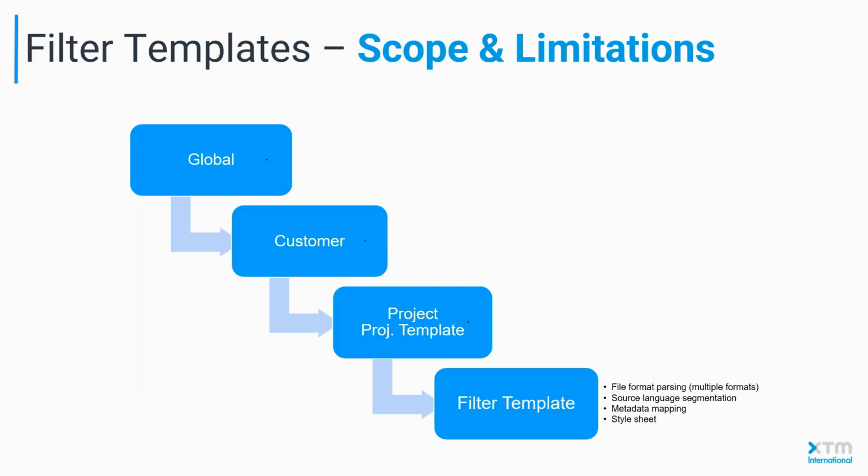So the only scenario where this poses a limitation is when you have a project with two sets of files of the same extension that need to be treated differently. So for instance, if in the same project you want to use multilingual XML files and Android strings, which are monolingual and have a different structure, in that case, it might be necessary to create separate projects for both file sets.